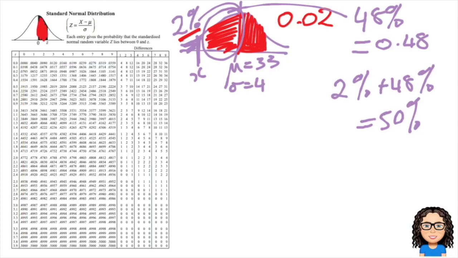So what I do is I come down here and I start looking down 0.47. Oh, and I notice that this is where it's changing from 0.47 to 0.48. So let me just have a look along this row with the 0.47s. And I notice that it starts to change there.